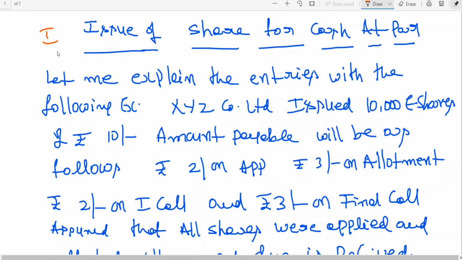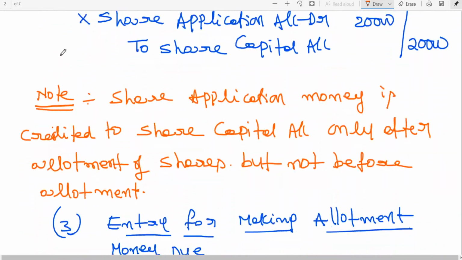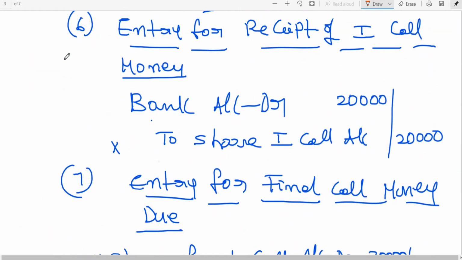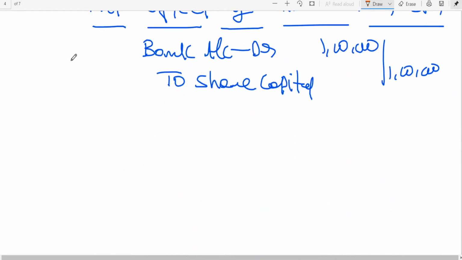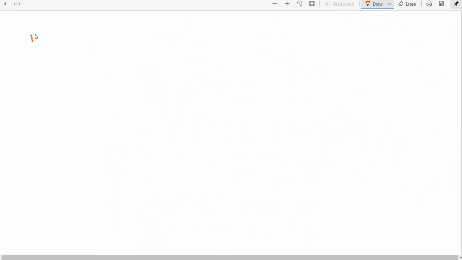issue of shares for cash at par. Next, you know, you are receiving cash, no? There is also one more possibility.